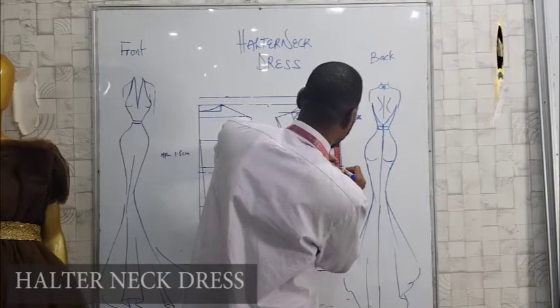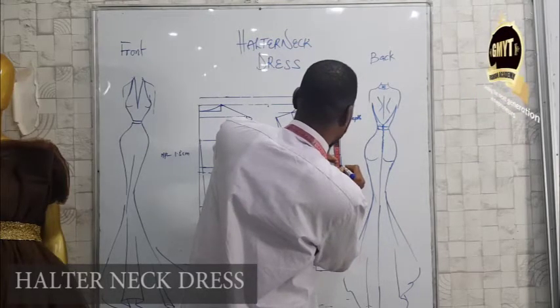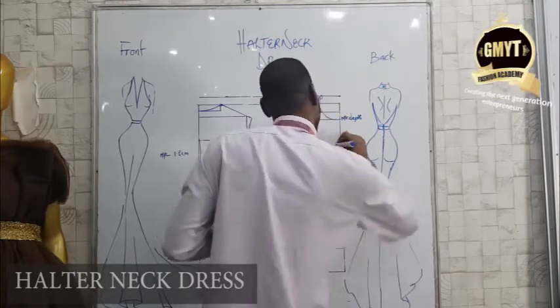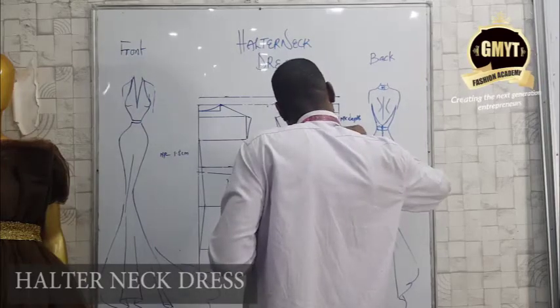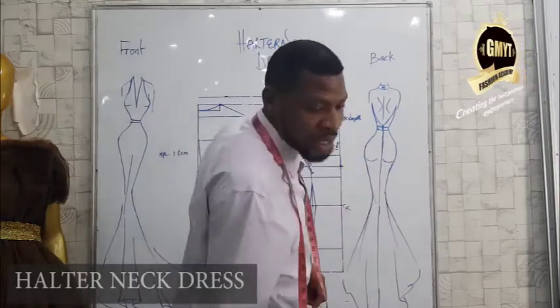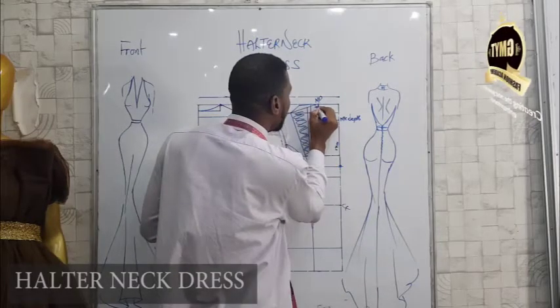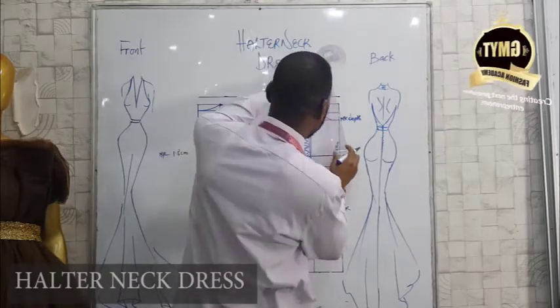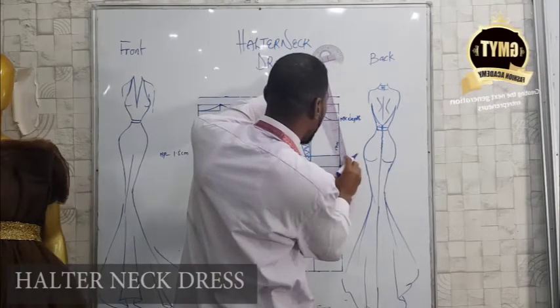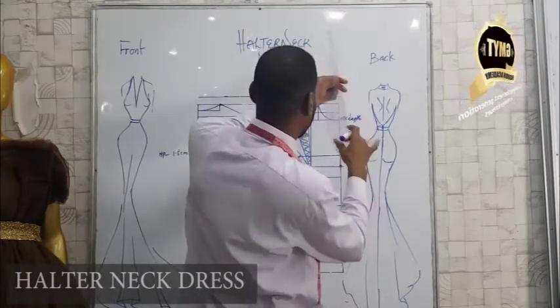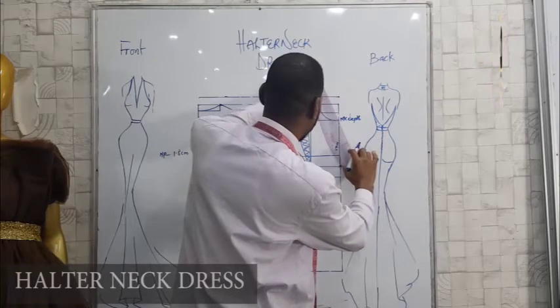I want it deeper because I'm working with a dress, but you can still work with moderation. So I measure 17 cm downward. Then with that 17 cm and the 1 cm, 1.5 cm that I did here, you connect with a curve ruler, linking back to your neck depth.